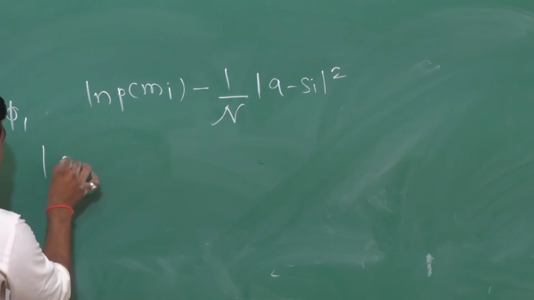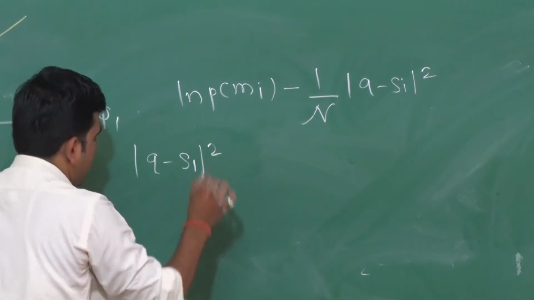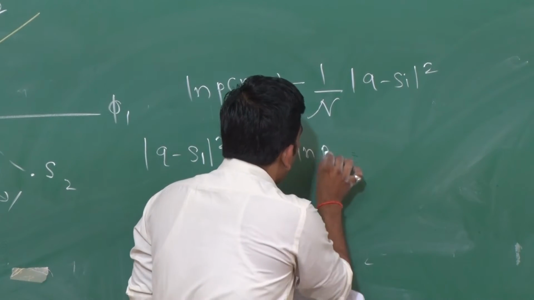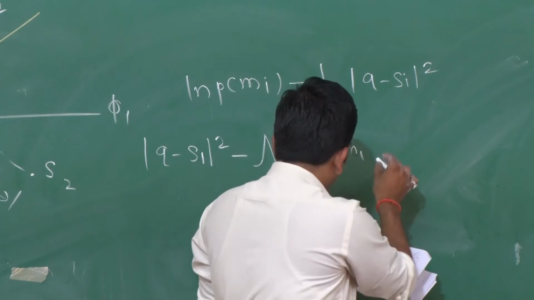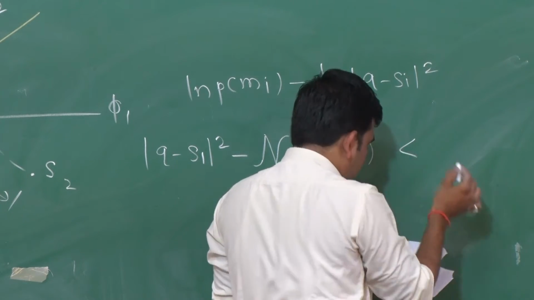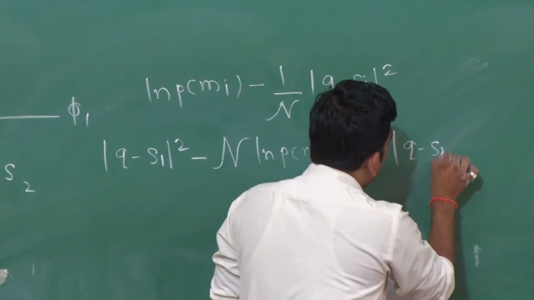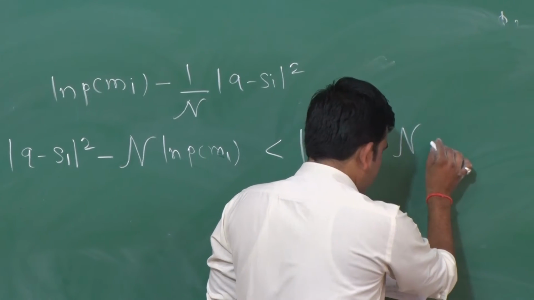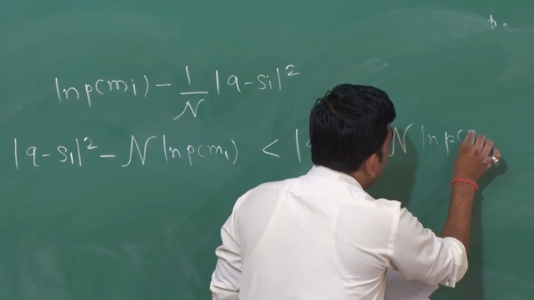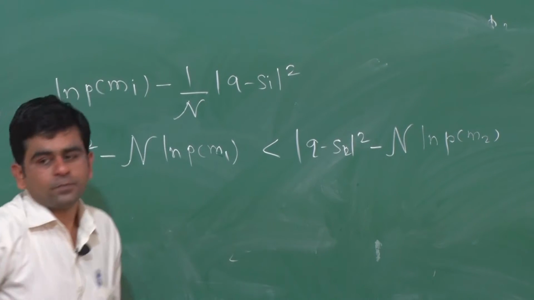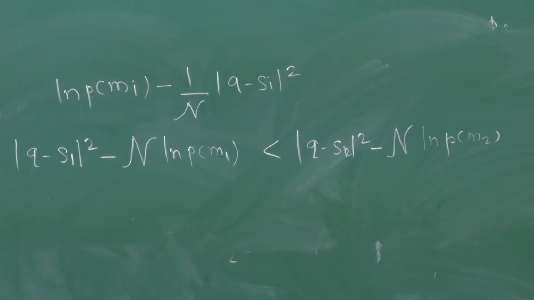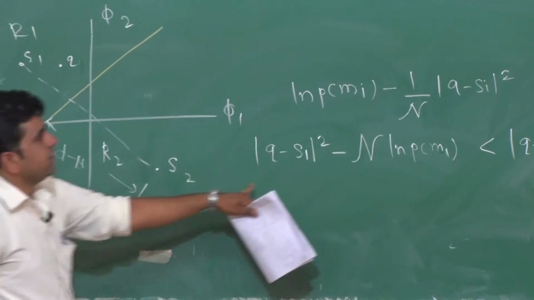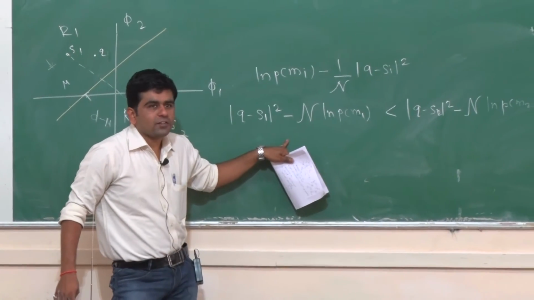This equation becomes |q minus S1| square minus N natural log of probability of M1 is less than |q minus S2| square minus N natural log of probability of M2. Here this is the decision rule for the M1 symbol being transmitted.